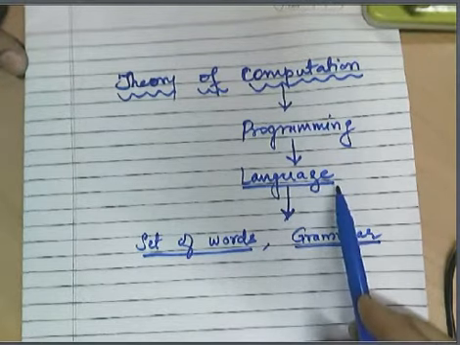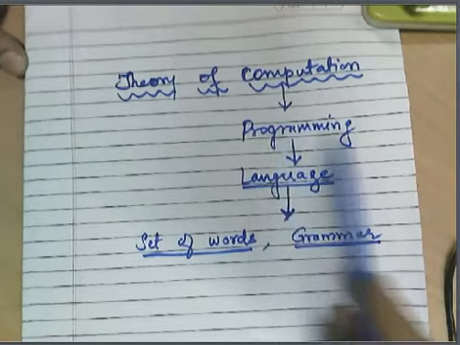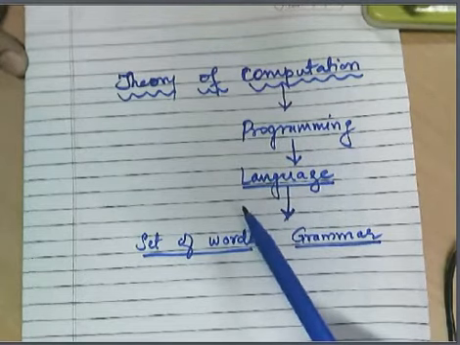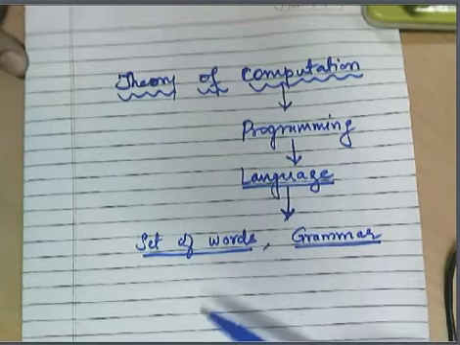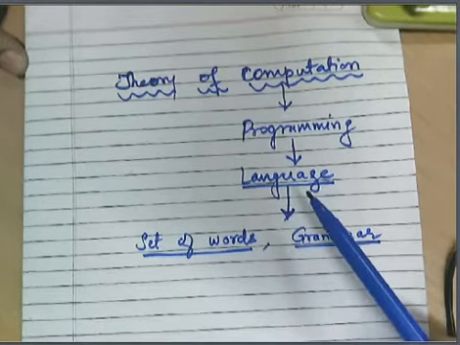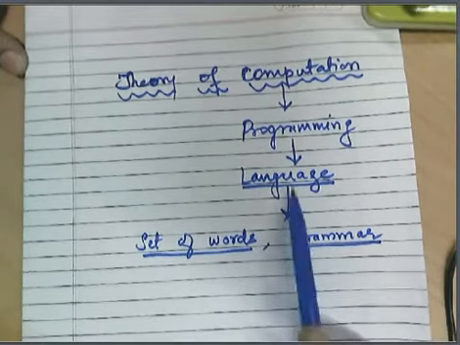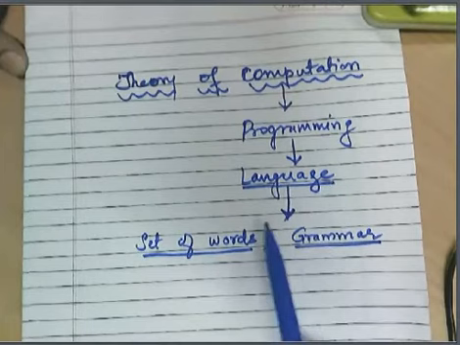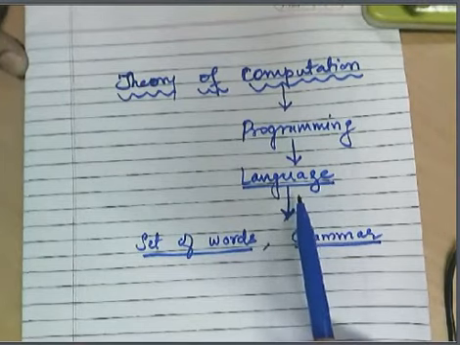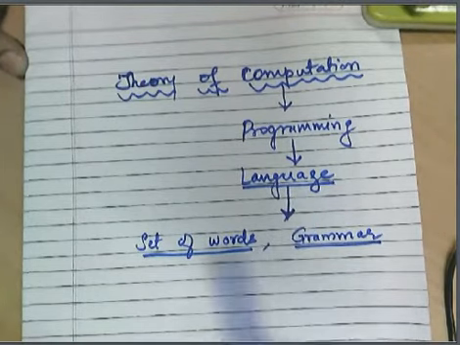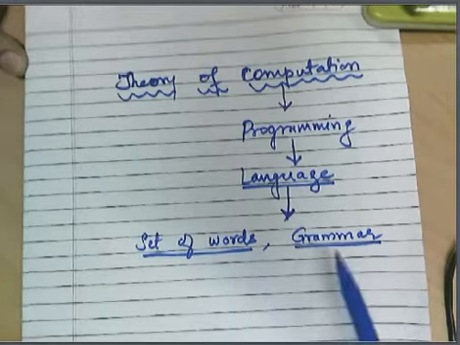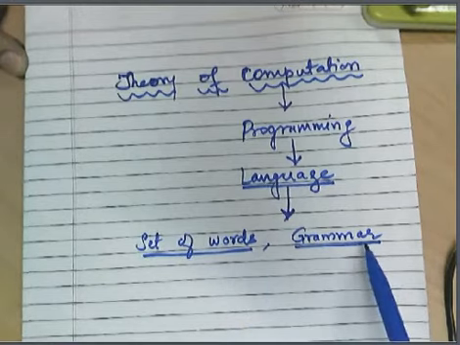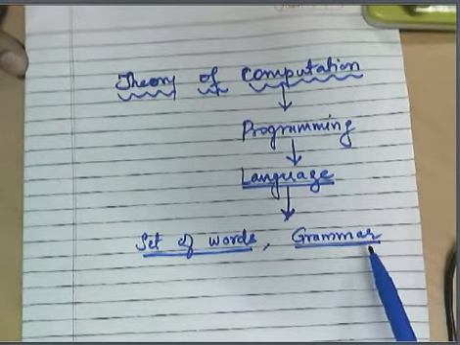To have communication. So programming languages are used for what kind of communication? Between human and the computer, right? Whatever kind of languages we are talking about, the purpose is communication, and it has a set of words and is associated with its own grammar. The grammar of the English language is not applicable to the grammar of the Hindi or Marathi language.